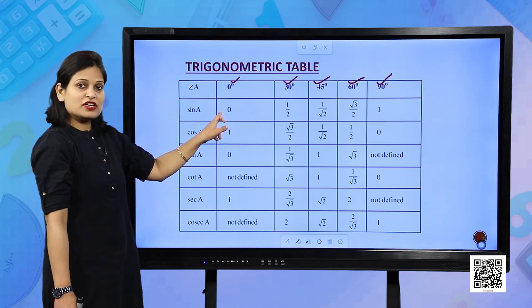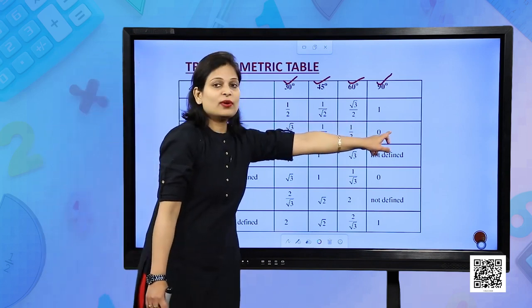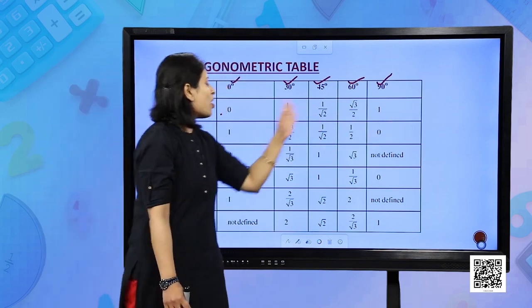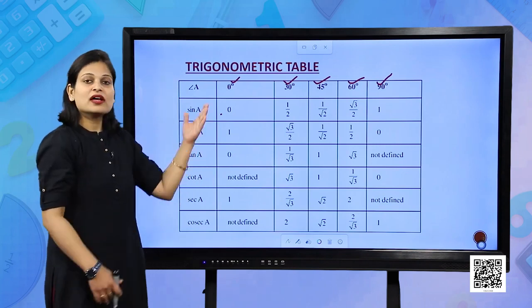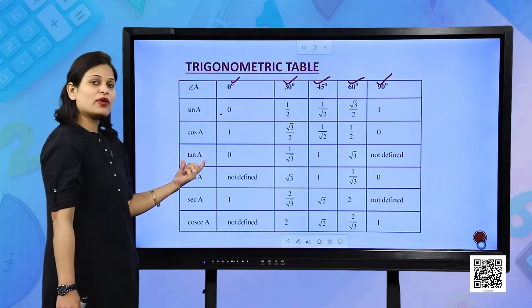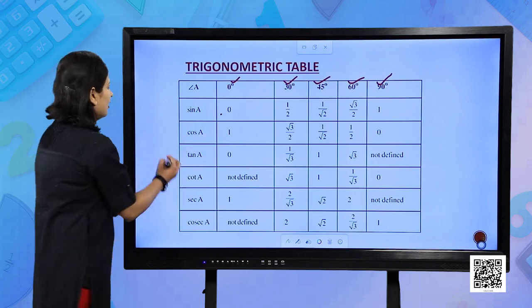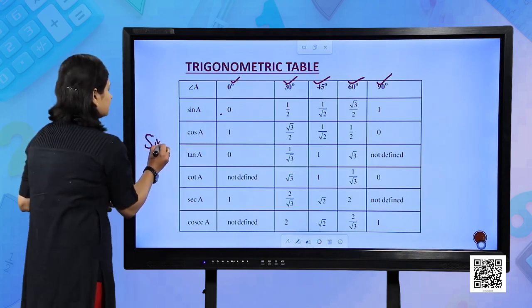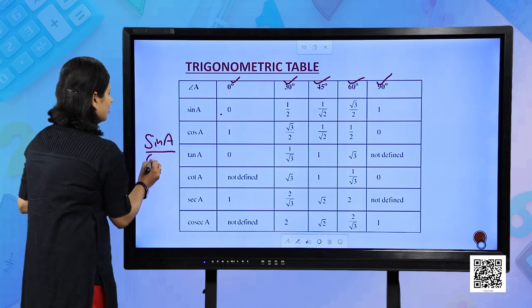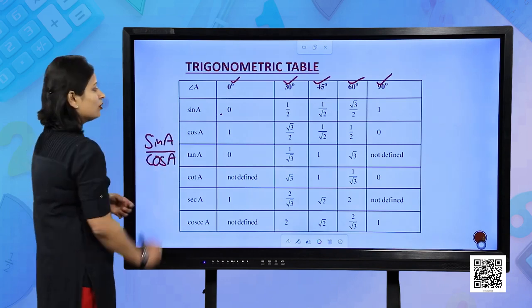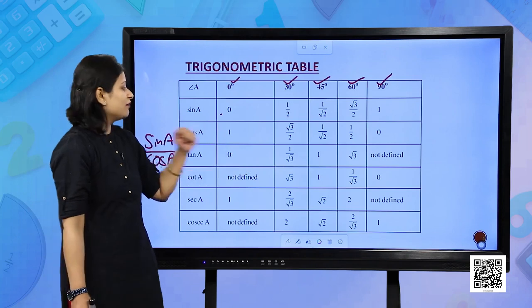Here 0 is in the first column and here 0 is in the last column. So, cos function is simply the reverse of sin function. Now, how will you calculate the value of tan function? Just divide sin A upon cos A. You will get the value of tan function.